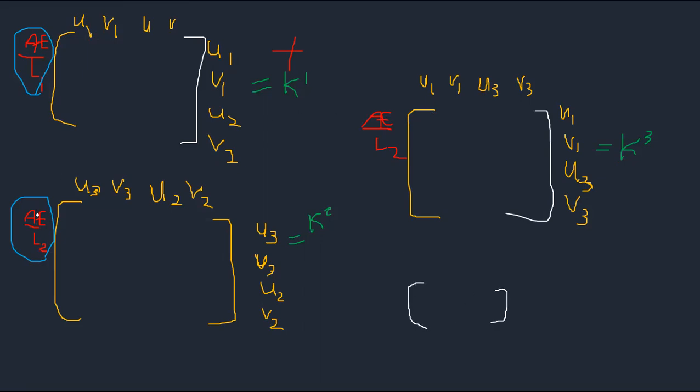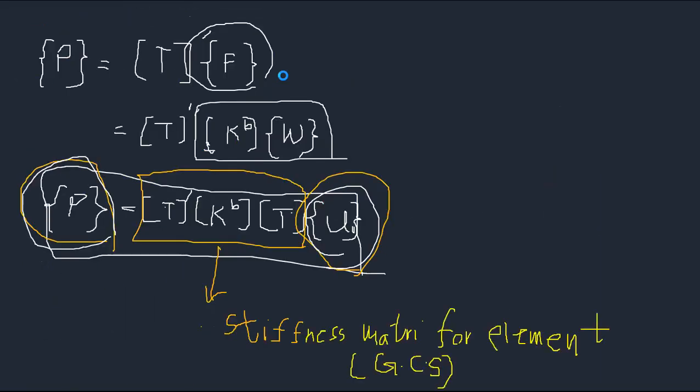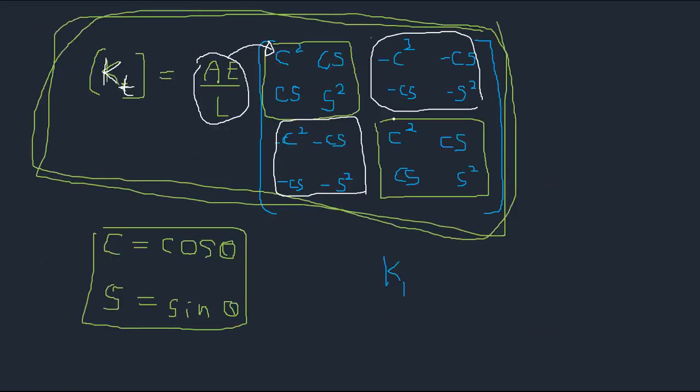If the scalar is not the same, for instance, this is AE over L2, this is AE over L1, you can't just add these two values. You have to multiply this by this and this by this and then add it. So my advice is, once you determine these cosine and sine elements, put this AE over L inside, that means multiply each value and find the matrix.